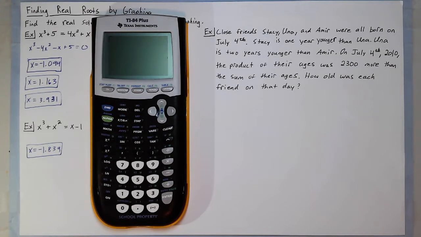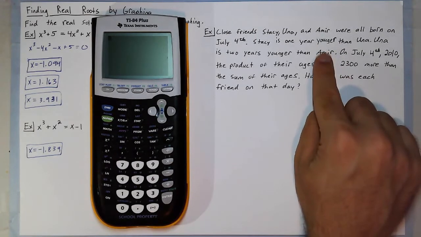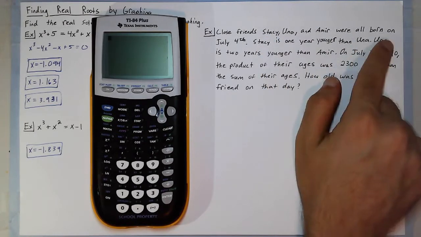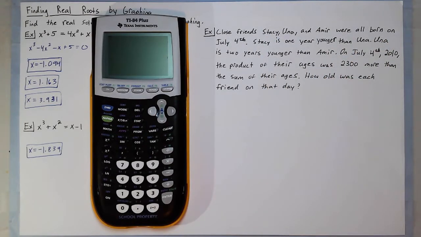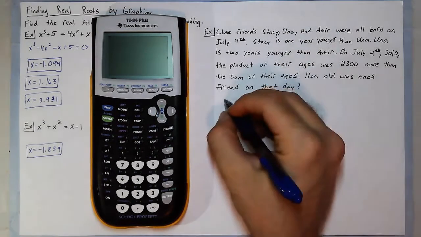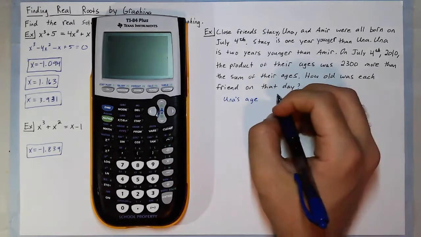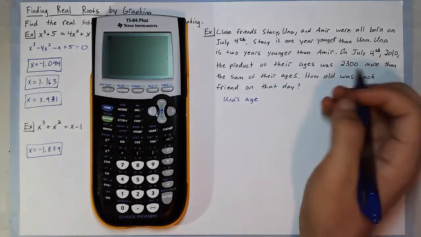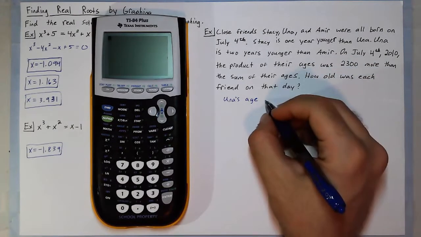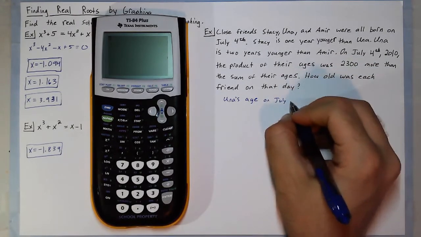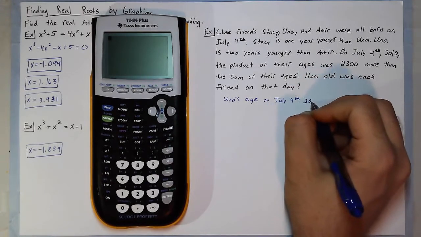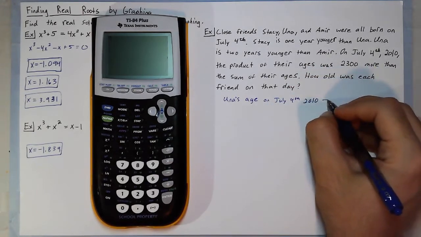So the way we can do this is first we need to establish what everyone's age is with a variable. Since we're comparing Amir and Stacy to Una, we'll let Una be x. So Una's age on July 4th, 2010, is going to be x.